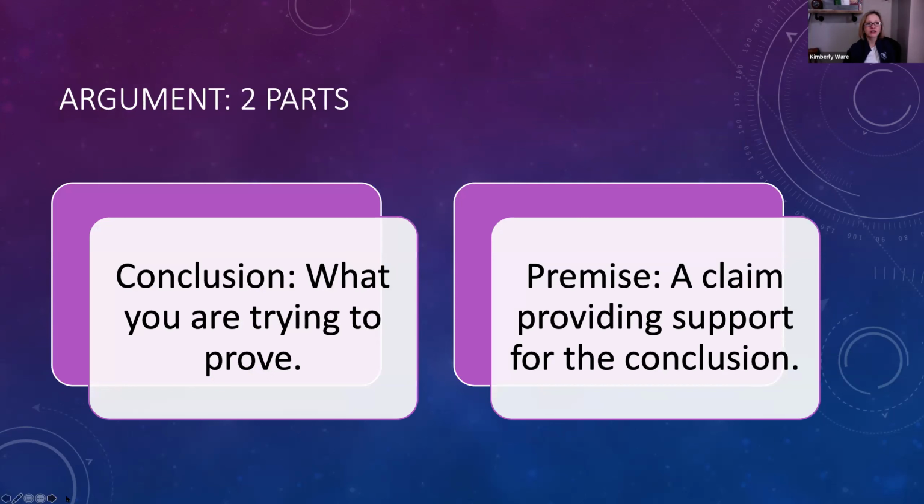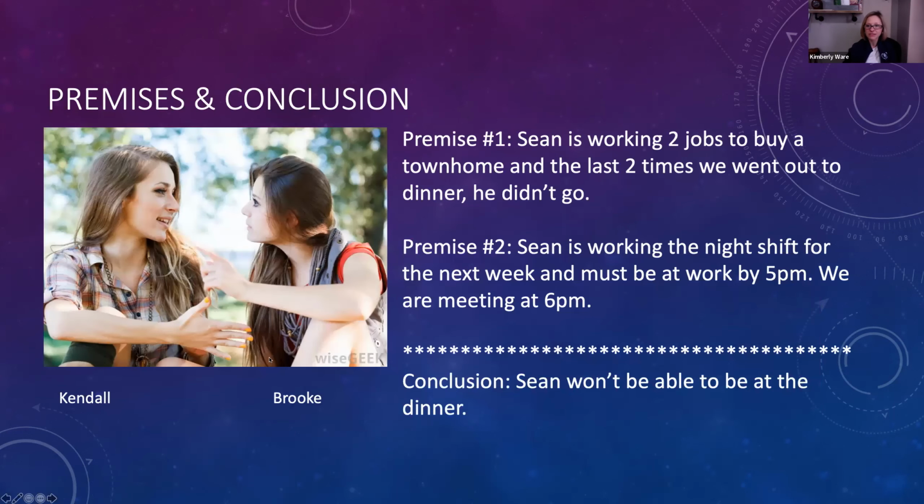An argument has 2 parts. We have a premise, which is a claim that provides support for the conclusion, and we have the conclusion, which is what we're trying to prove. You can have 1 premise, 2 premises, 3 premises, and so on to infinity. You can have multiple premises to draw one conclusion. So let's take a look at these premises.